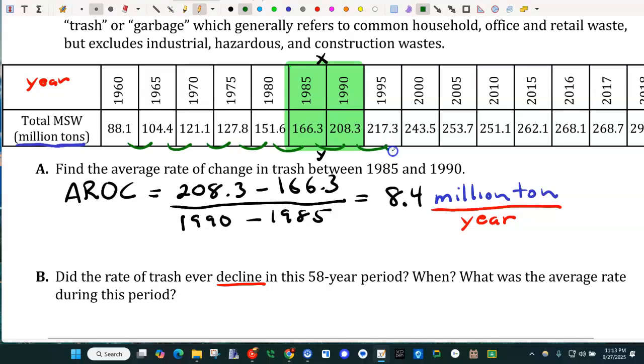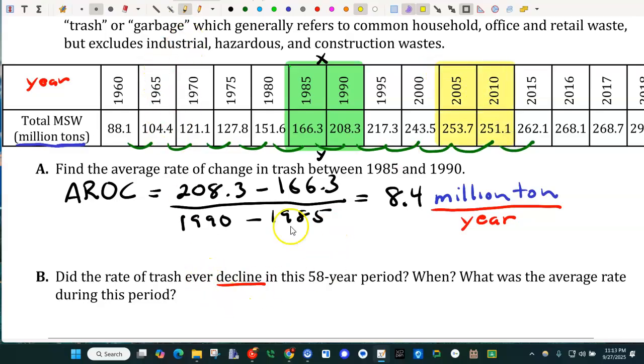Keep looking. And then all of a sudden, right here, 253.7 million to 251. So it got smaller and then got bigger again. So we want to use these values over here, where it got smaller. So it's 2005 to 2010.